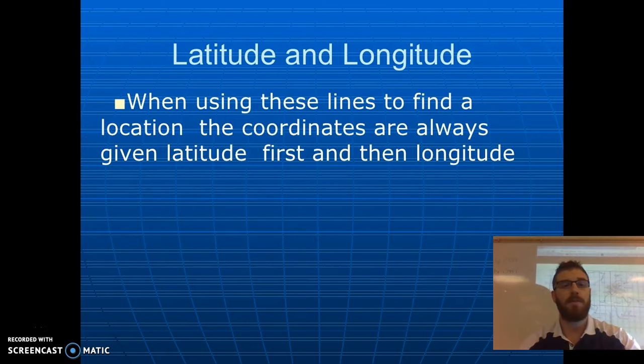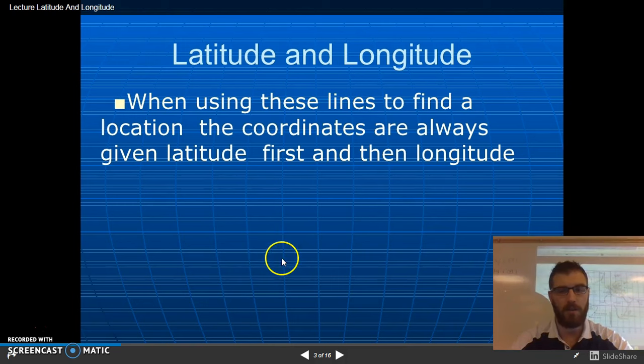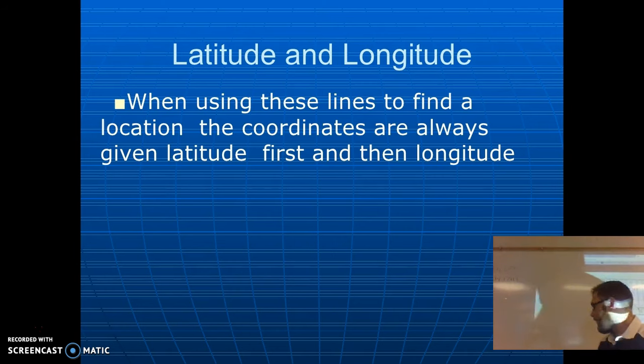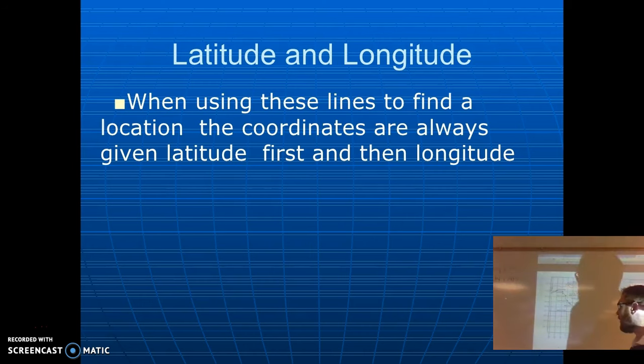When using these lines to find a location, the coordinates are always given latitude first and then longitude. Normally I'll be able to draw like I did in class how the coordinates look, but they'll be written as latitude in the first position, then longitude.